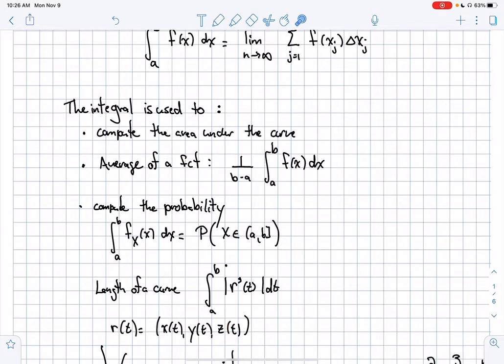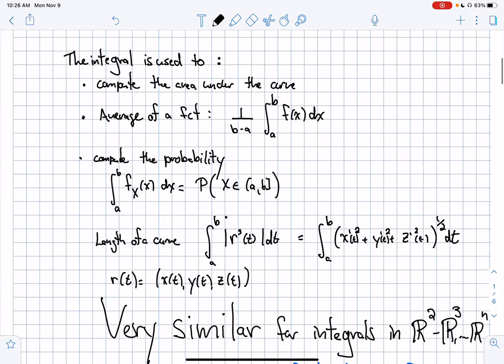Then the length of that curve from t equals a to t equals b is the integral of the length of the velocity vector, which in that case is the square root of x prime squared plus y prime squared plus z prime squared. The integral is over t, so it's just one integral. Okay, so that's for 1D.